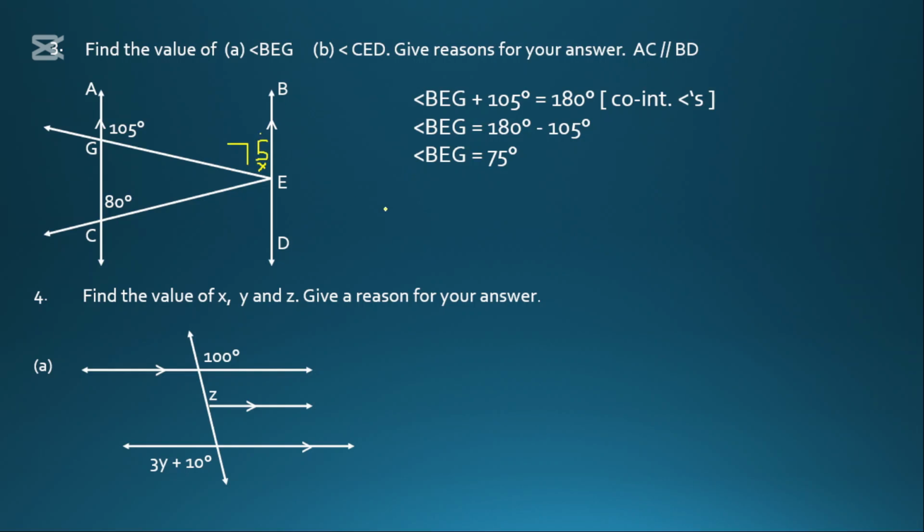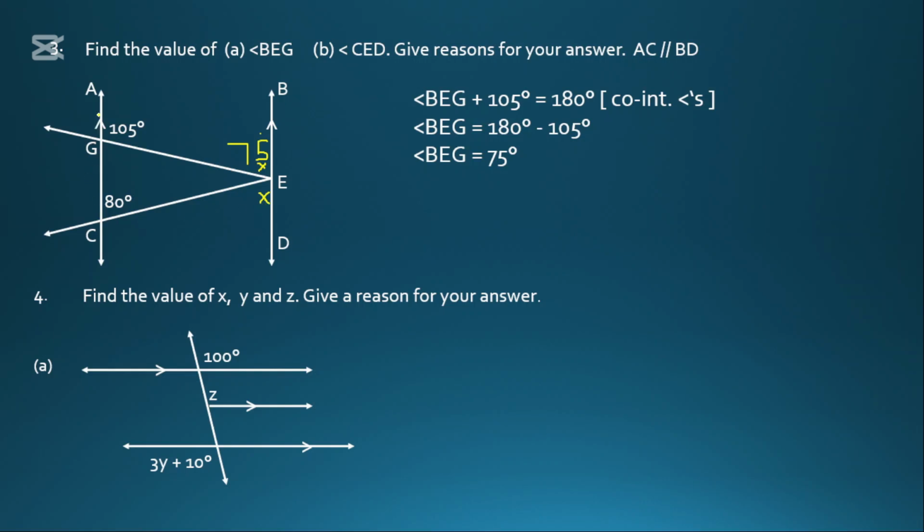Right, over there. Now we must find CED, this one here. Please, you cannot subtract 75 degrees from 180 because you see a straight line here, but there's still an angle in between these two. So we can't use angles on a straight line.